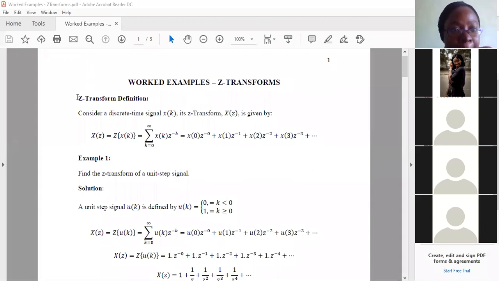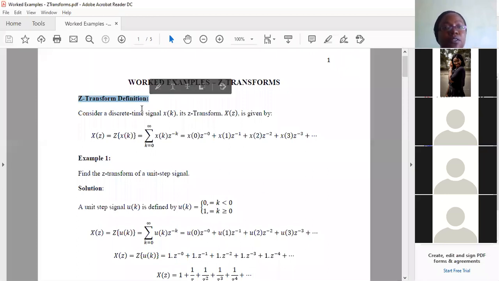I'm on the Z transform definition. Like I told you, in this course we are considering a discrete time signal. What's the difference between a discrete time signal and a continuous time signal? For a continuous time signal, the time variable, which is on the x-axis, is a function of time, and time is continuous.